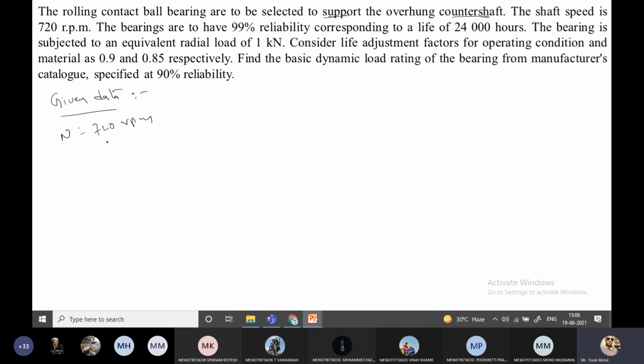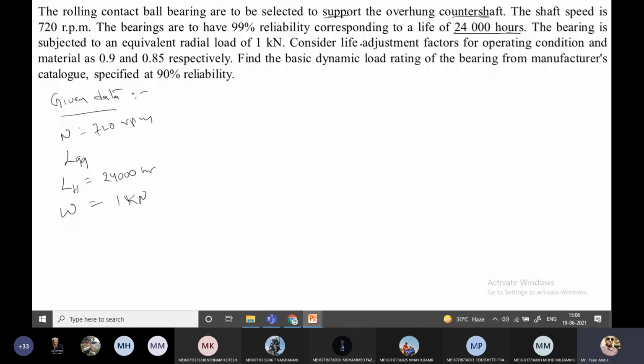The bearings are to have 99% reliability, corresponding to a life of 24,000 hours. So here the life of the bearing is given in terms of hours. LH value is given as 24,000 hours, and the bearing is subjected to the equivalent radial load, that is W, as 1 kilonewton.